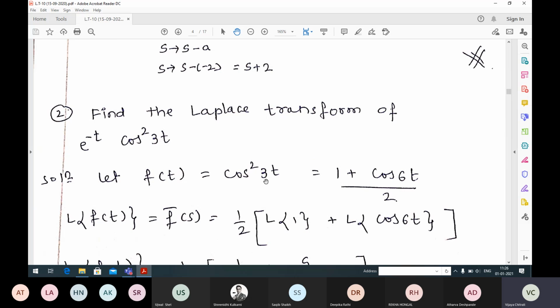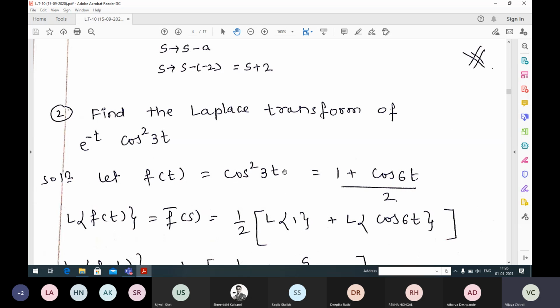So we have standard results like Laplace transform of cos at, sin at, cos hyperbolic at, sin hyperbolic at, but we don't have a formula for cos square, right?